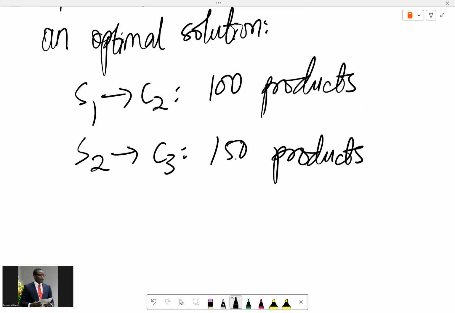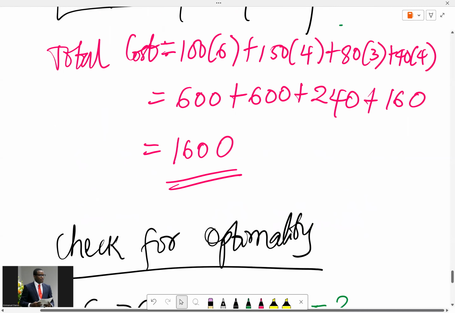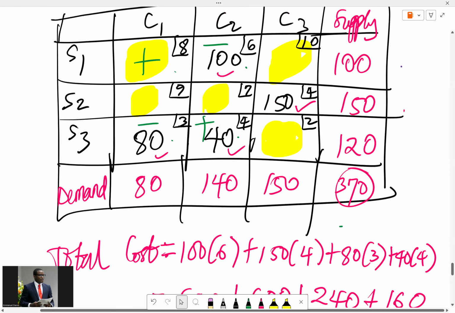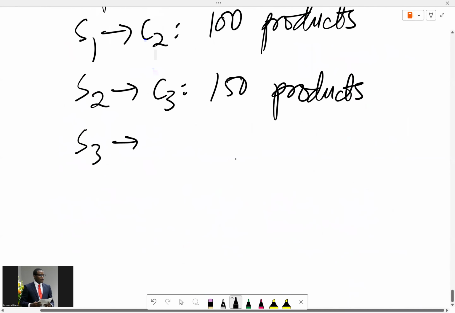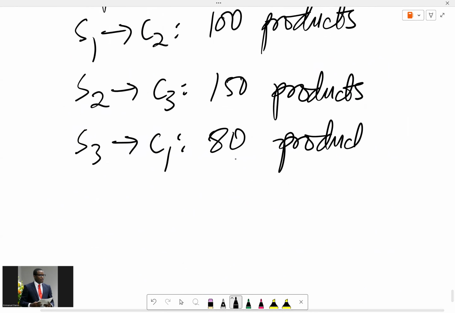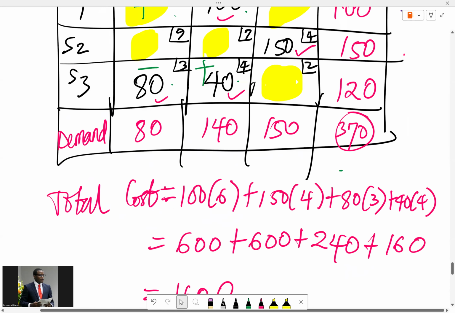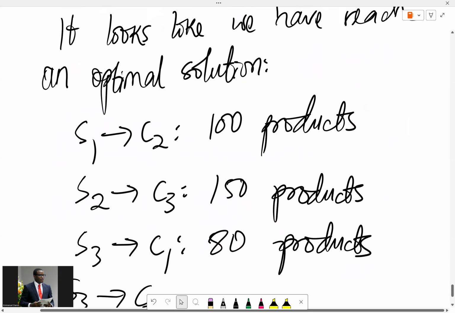Then S3 to C1 takes 80 products. Then S3 to C2 will take 40 products.